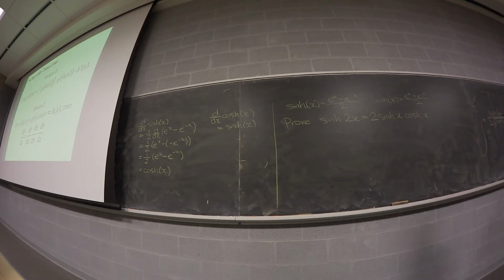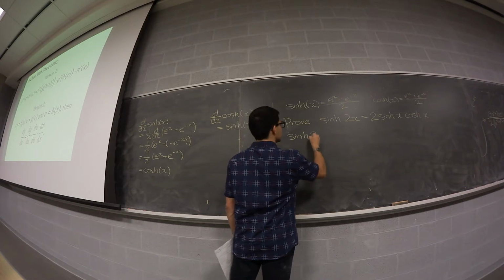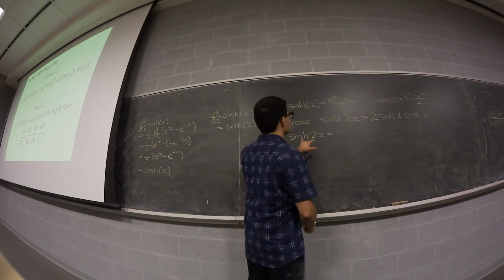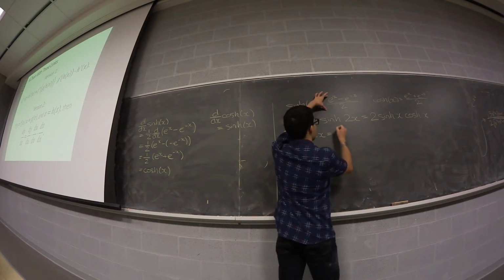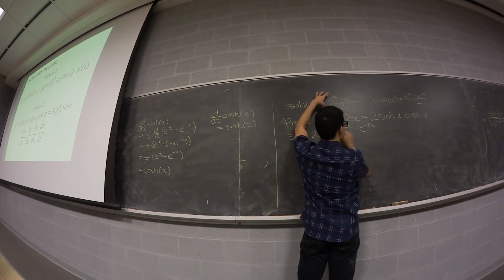Okay? So yeah, some of this stuff looks really familiar, some of the stuff not so much. Okay, left-hand side. Just plug in. Just plug into that. E to the 2x minus e to the minus 2x over 2.